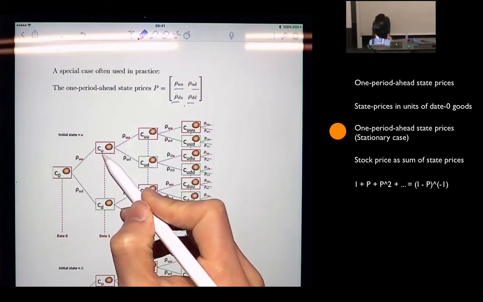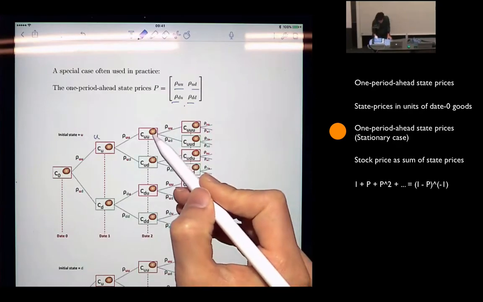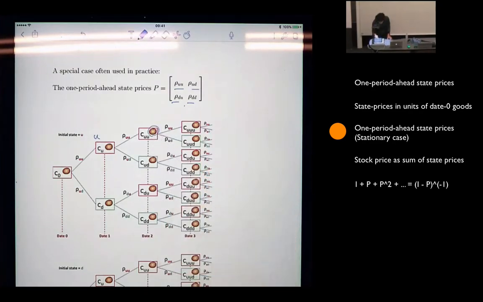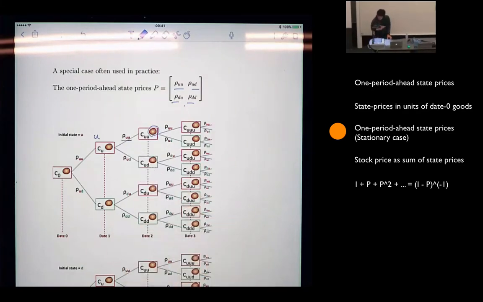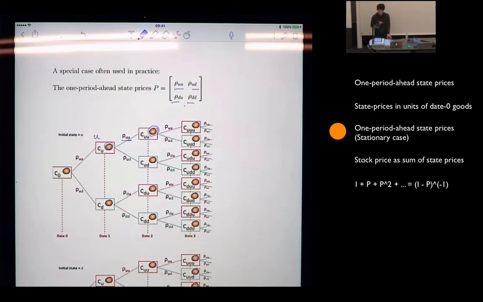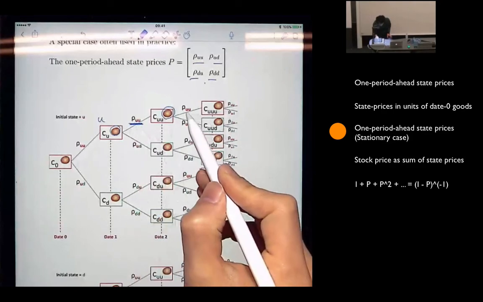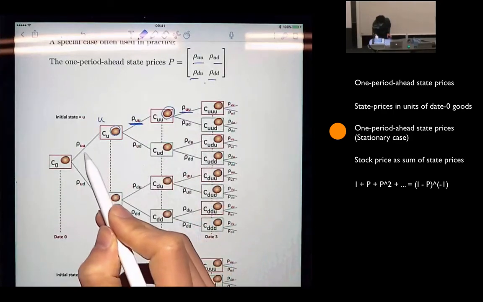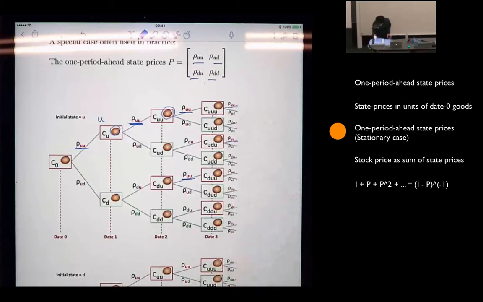Suppose at date 1, the state is up. Then the price of this potato, node UU potato, is rho UU units of this potato. Okay? And this rho UU, you see not only here, but also here, here, here, here.